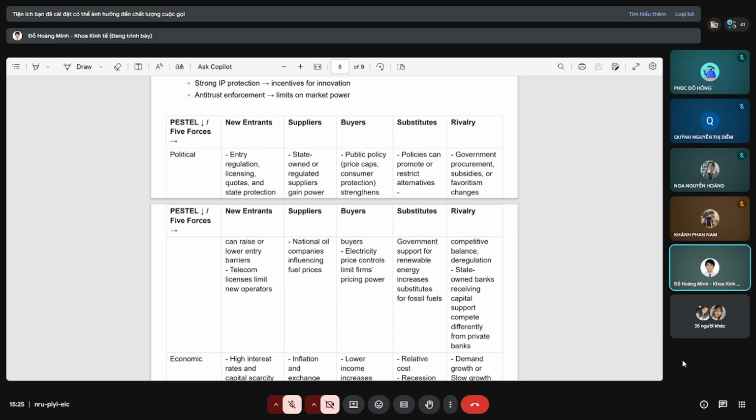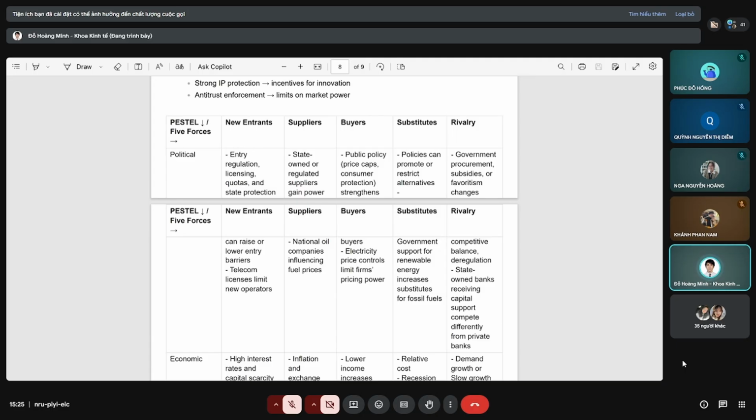And the buyer power. The political factors can improve the bargaining power of the buyer in the industry. For example, the government can protect the consumer by limiting the price that is charged by the firm, right?